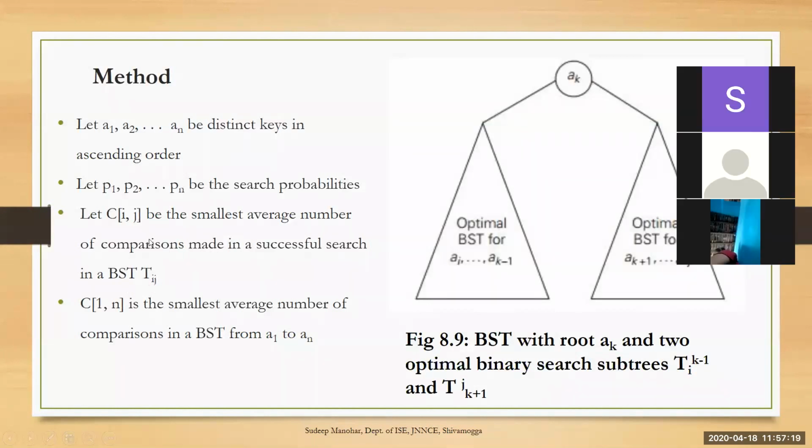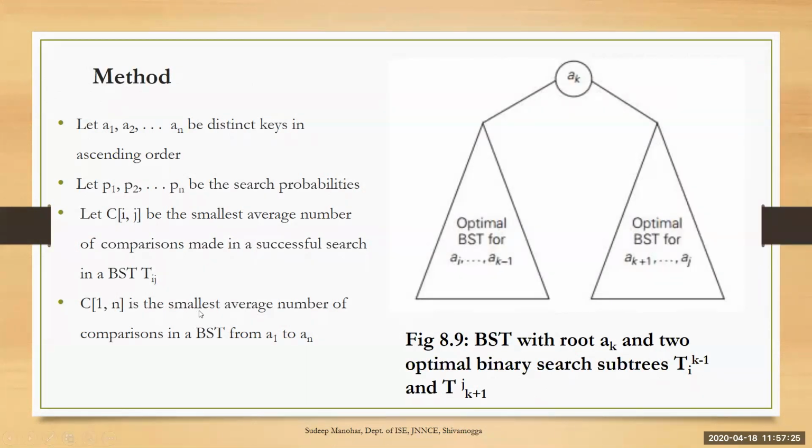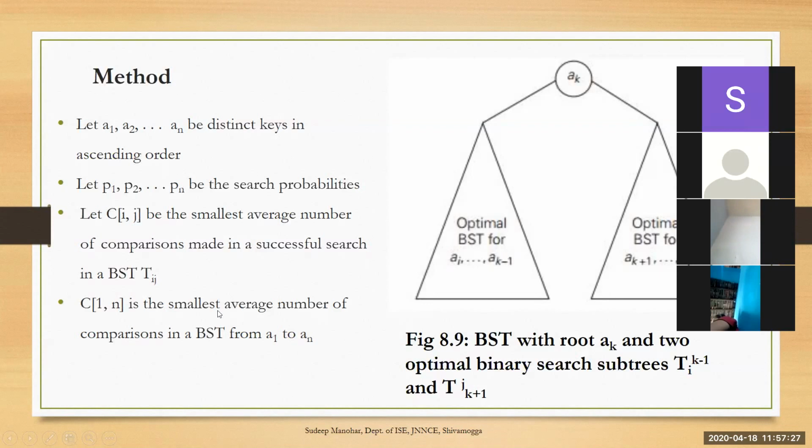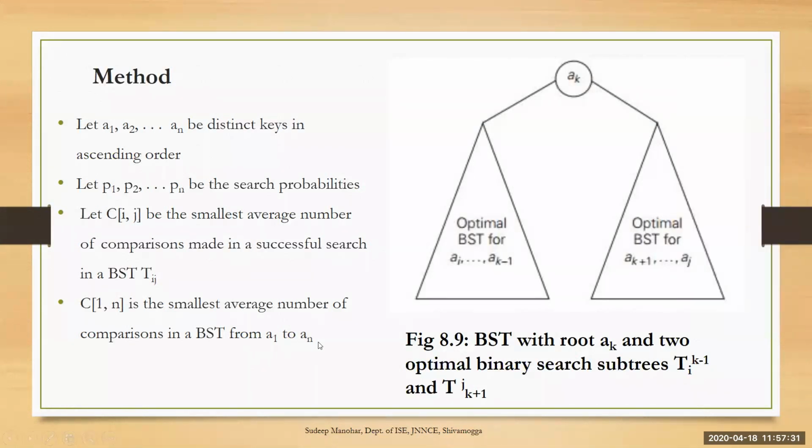I'll explain this with the diagram in the next slide. C of 1 comma n is the smallest average number of comparisons in a binary search tree from A1 to AN. If you consider all the elements starting from A1 till AN, then C of 1 comma n gives the smallest average number of comparisons in the binary search tree.